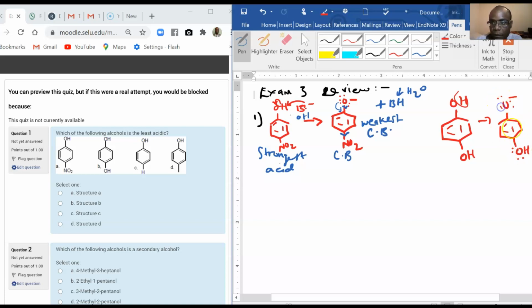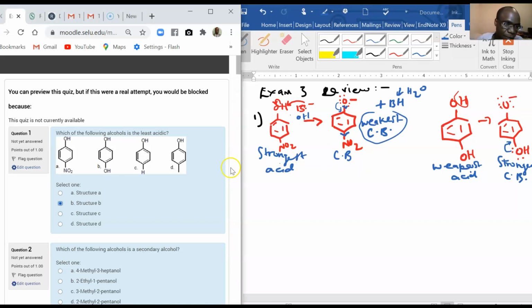So instead of the OH withdrawing these excess electrons from the oxygen, it's actually giving it more. So this turns out to be a stronger conjugate base out of what we have, which means it came from the weakest acid. Strong conjugate bases come from weak acids. Weak conjugate bases come from strong acids. So the answer is B.